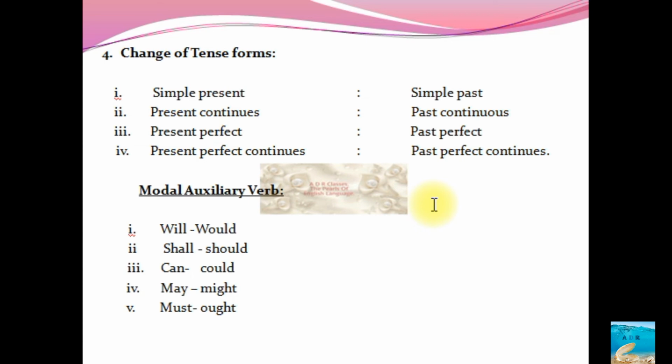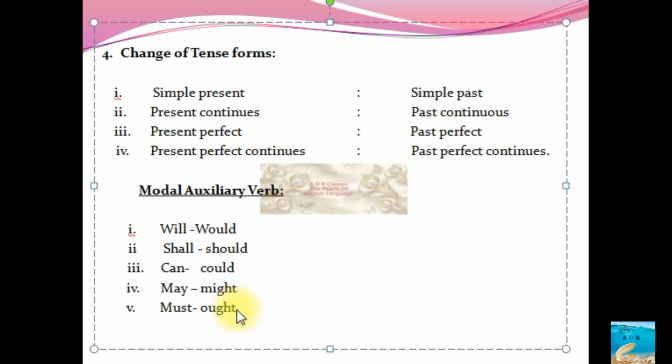Have, has become had. Modal auxiliaries change: will becomes would, shall becomes should, can becomes could, may becomes might, must becomes ought or had to. You can also use the word had to. So these are the changes of tense forms.